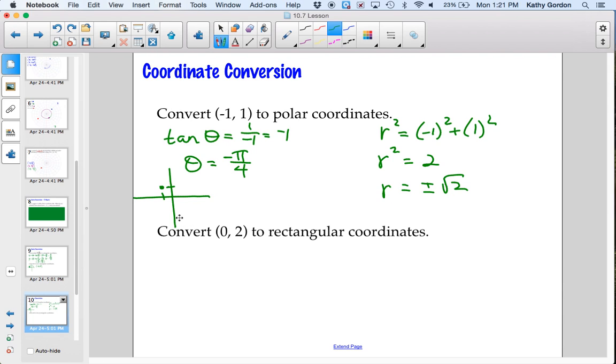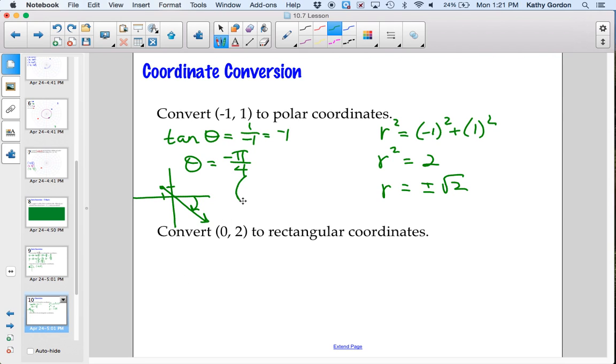Okay, so if I really go with negative pi over 4, if I decide to go with that angle, then it's going to take a negative square root of 2 to get over to that point. Which is fine because technically, when I take the square root of both sides, I can use positive or negative for my r value.